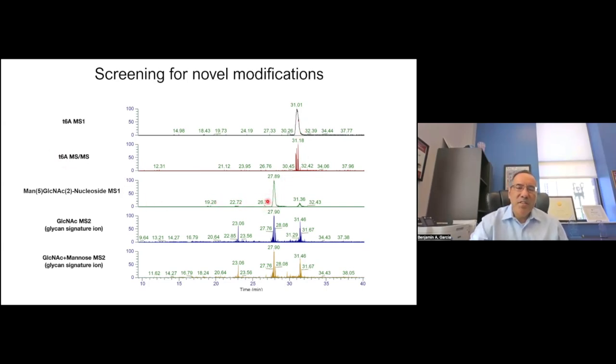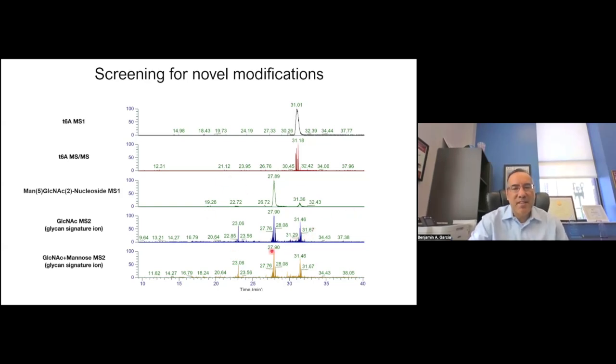And we started noticing signature ions of sugar molecules lining up with a lot of the RNA mononucleoside full MS data from our DDA data. And this started getting us on a path of looking for sugars or oligosaccharides on RNA.